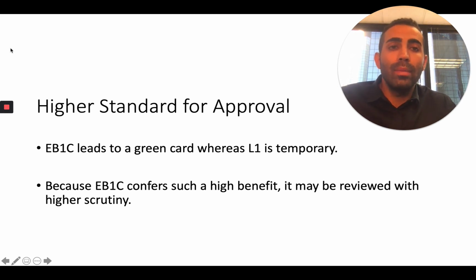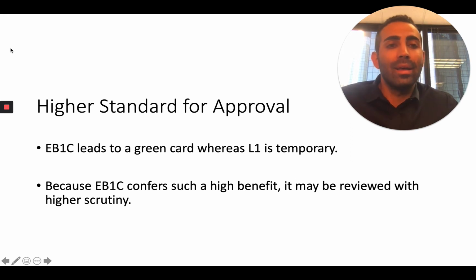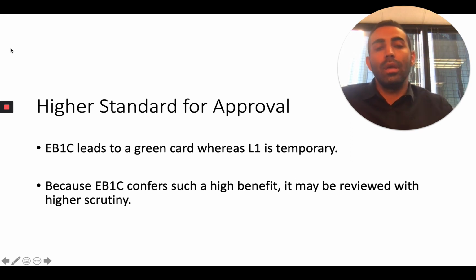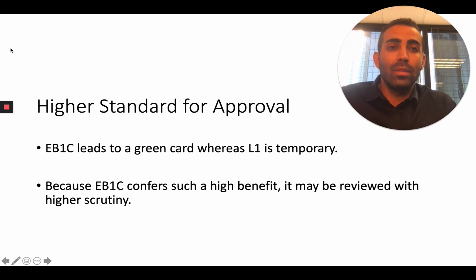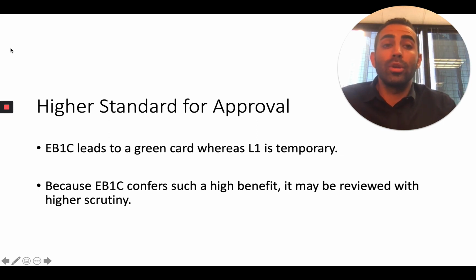Even though the way the requirements are stated might look identical, that doesn't mean that if you're found to have satisfied the requirements under L1, you will be found to have satisfied them under EB1C. Again, because EB1C is conferring such a greater immigration benefit, the requirements may be reviewed more strictly. So that's an important thing to keep in mind when you're considering these options.